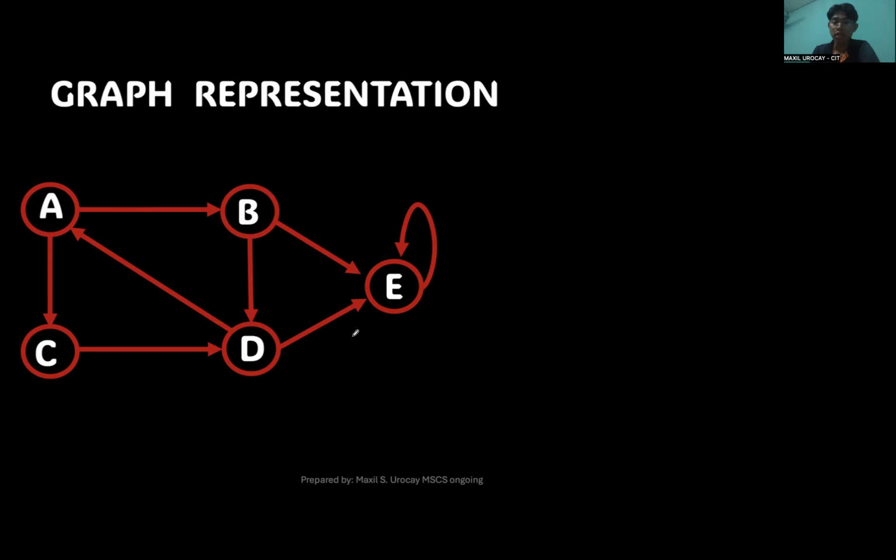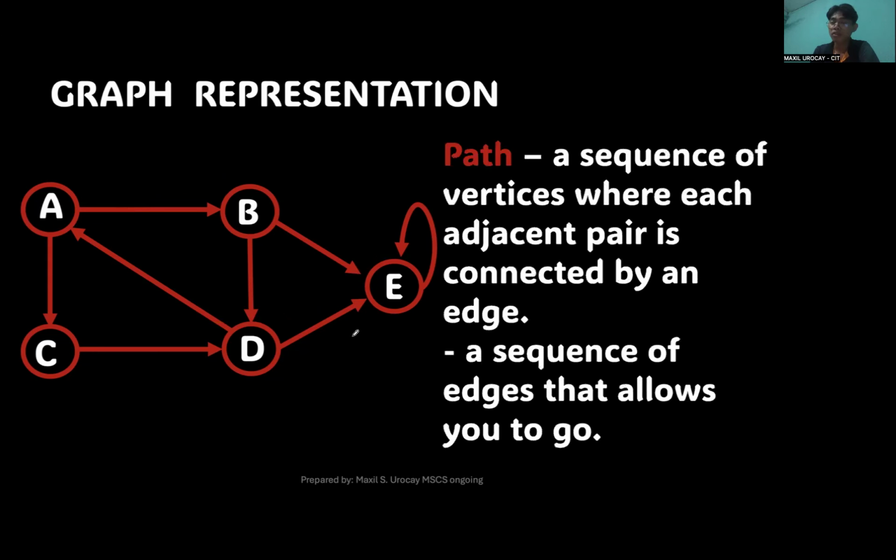Let's move on to the path. In our tree algorithm or data structures, we also identify the path to a particular node. So from the root node, what will be the path down to the right subtree or whatever in our tree. Here we also have a path.